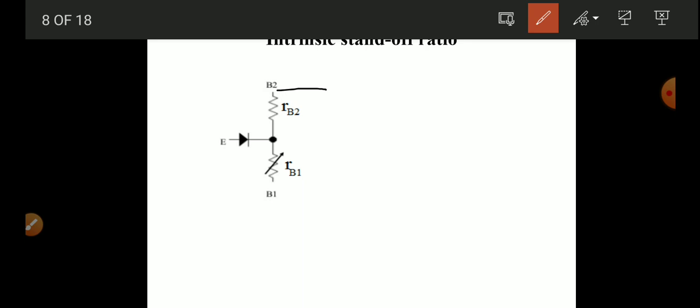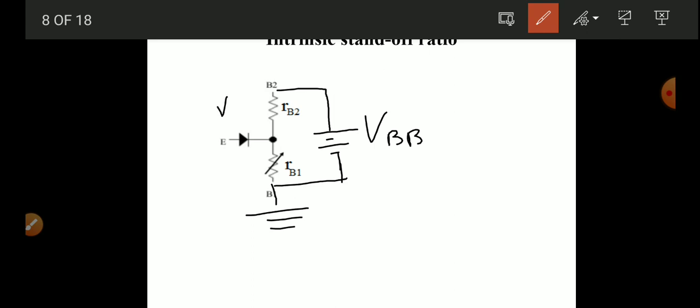So when supply voltage is applied to the terminal B2, that means VBB is applied to B2. When we apply VBB to B2 and B1 is grounded, then the emitter is open. VD is the voltage drop across the diode.